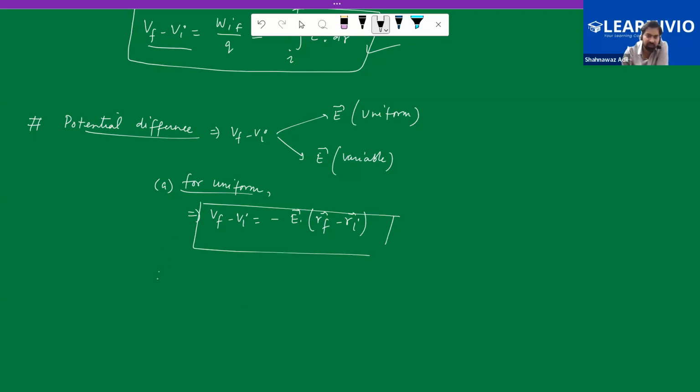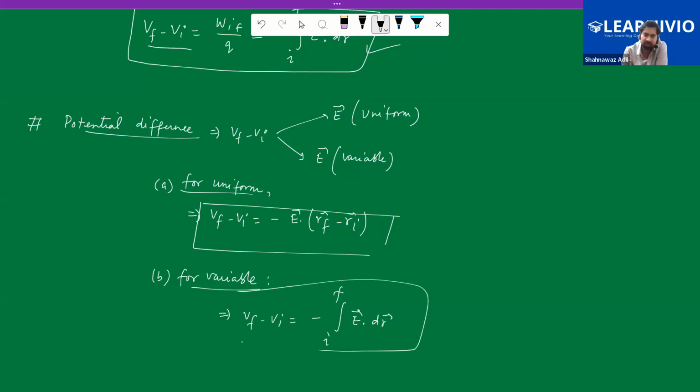And for variable, that we already know. So for variable, potential difference is minus integral from initial to final of E dot dr. So this is the potential difference, right?